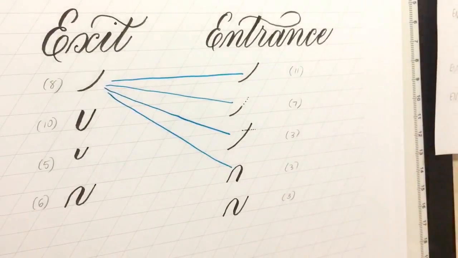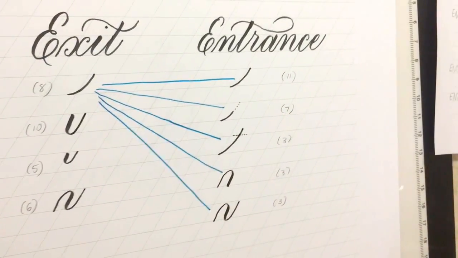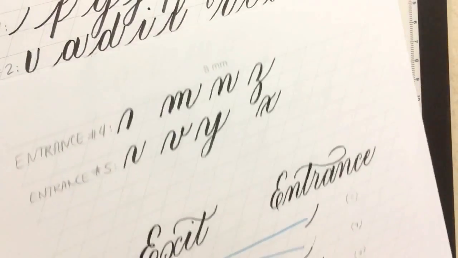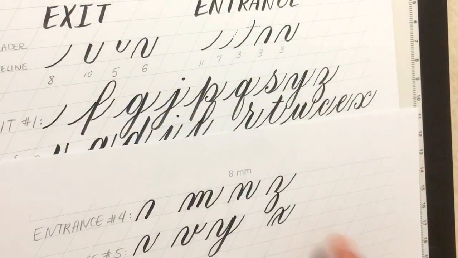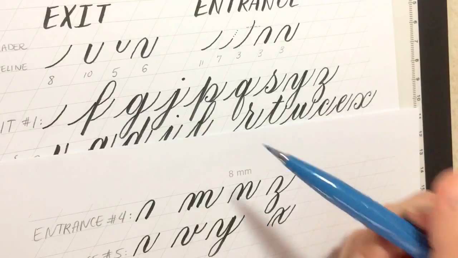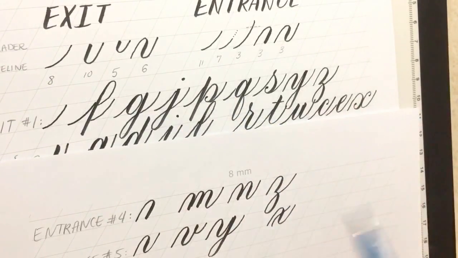All right, and then our last connection is from an exit stroke to a compound curve. So from group 1 here to group 5 here, let's do P to Y, like in the word happy.